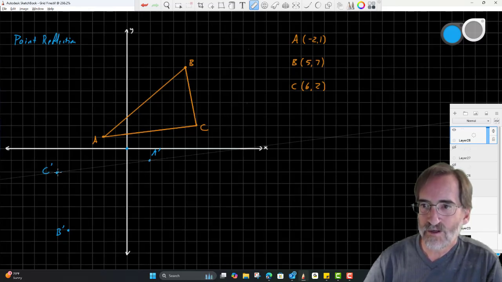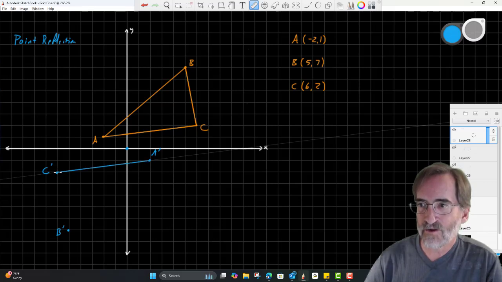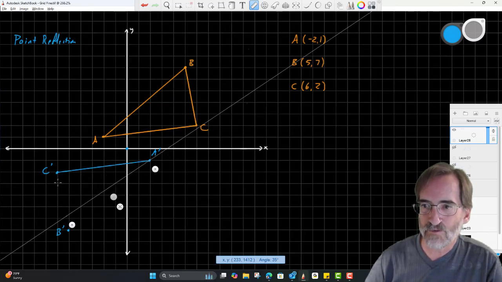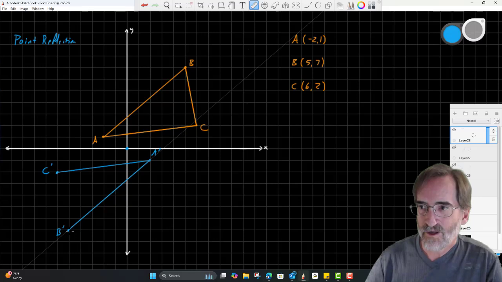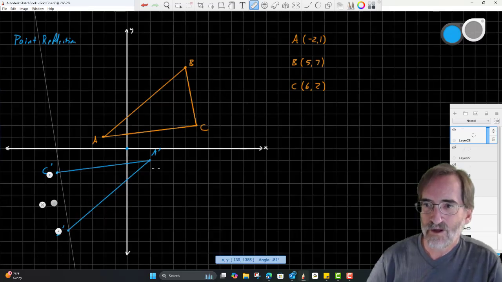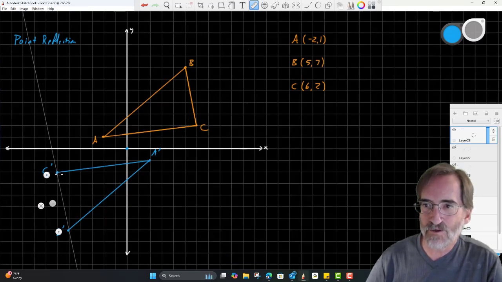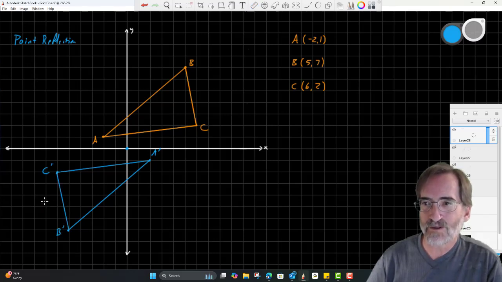But it's also the same as a reflection across the origin point. It's also the same result you get by rotating 180 degrees.